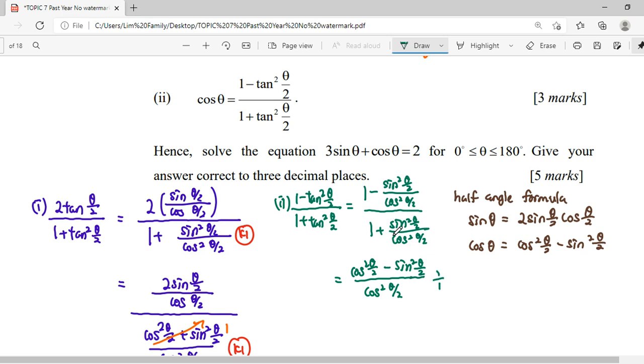Divide by this part. So I do it out here. We get the same denominator, cos square theta over 2. So here we will be getting cos square theta over 2 plus sine square theta over 2.